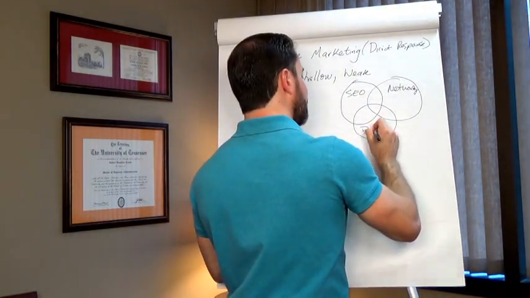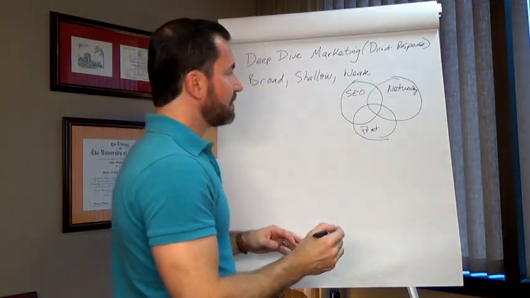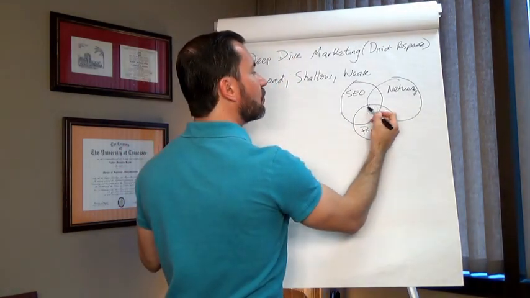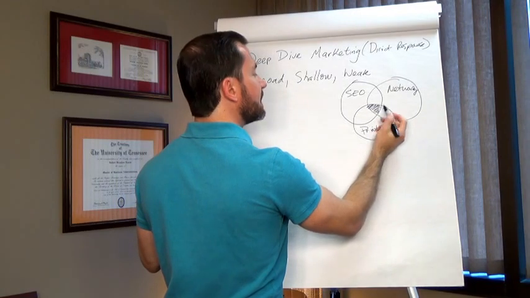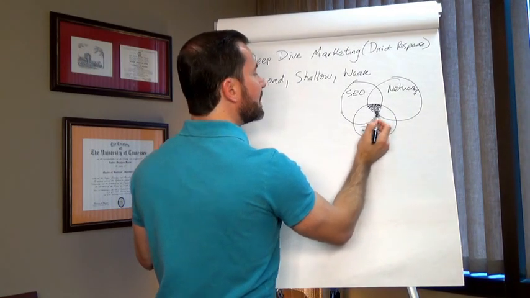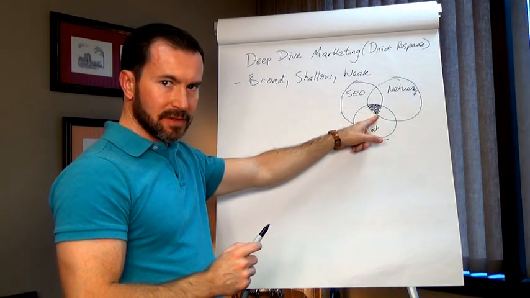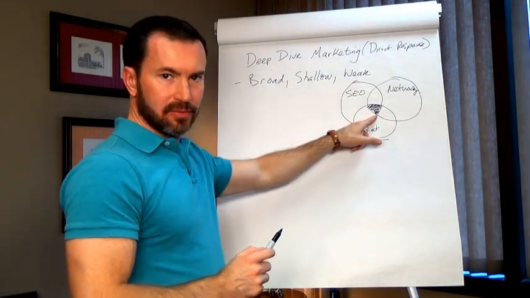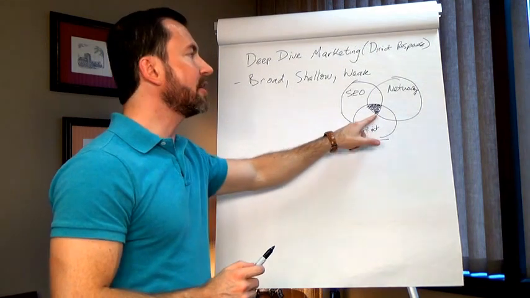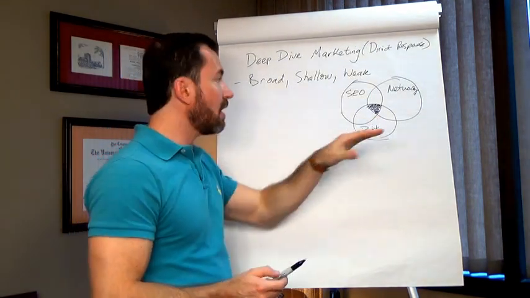So we've put print down here. So what happens is the only people that ever really get hit as hard as they need to really know who you are is this little tiny group of people right here in the middle. Right? This little tiny group of people. Those are the only people that are really hearing your message loud and clear enough to respond.